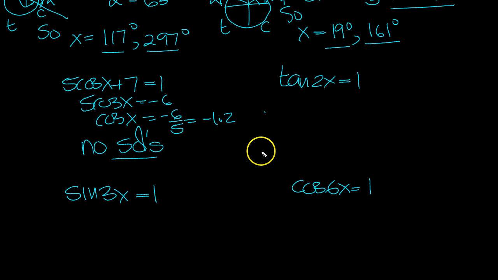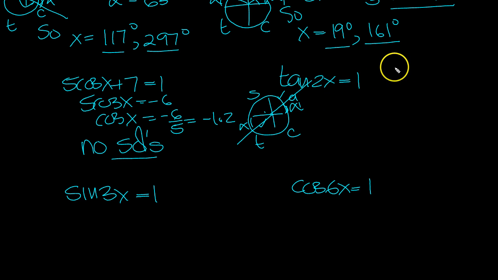Now tan 2x, the next one, is 1. So here, draw a circle. Write CAST. Tan is positive here and here. So draw two lines, mark off alpha, the associated acute angle to the horizontal. Now 2x, x goes from 0 to 360, doesn't it? So 2x will go from 0 to 720, just doubling everything.